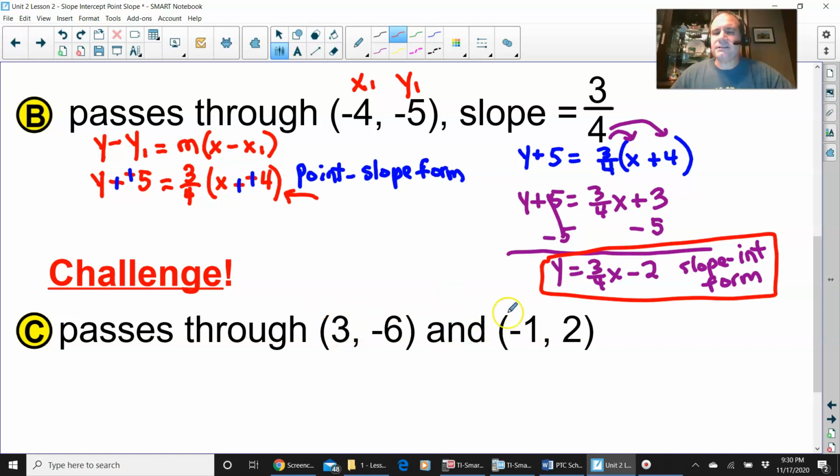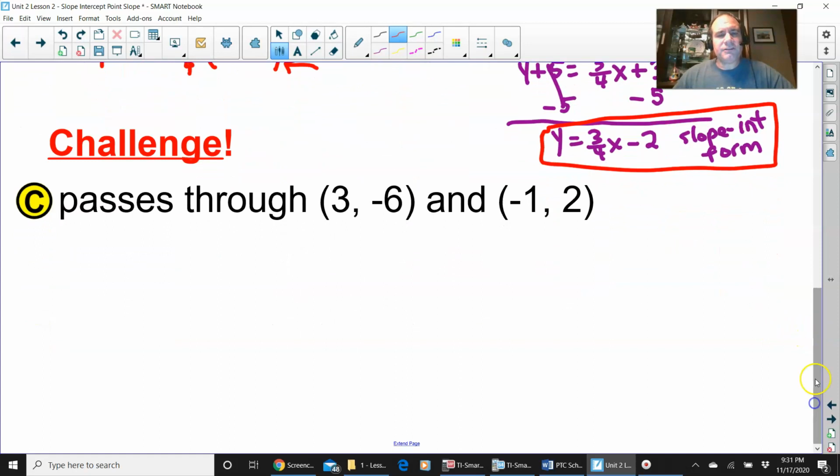Can I get the slope from the 2 points? Yes, you have to do that first. Go ahead and find the slope of these 2 points first, and then use the point slope formula to figure out the point slope form, and then convert it into slope intercept form. Press pause, try the problem now.